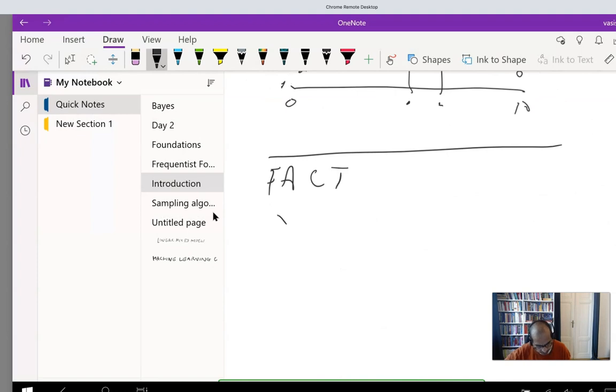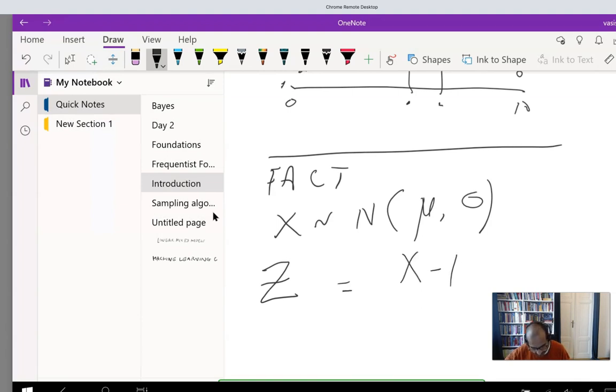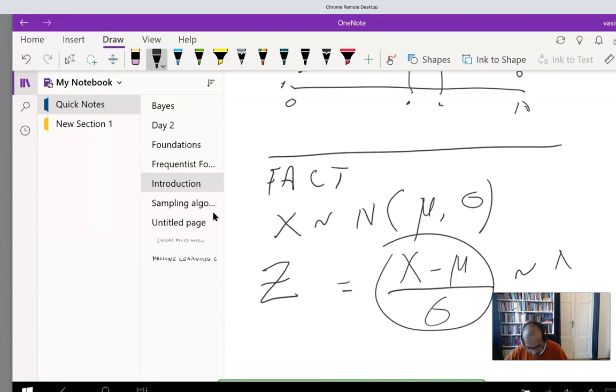The fact is that if you have a normal random variable X with some mean mu and some standard deviation sigma, you can transform this random variable to a new one, which I'll call Z, by taking X minus mu and dividing by sigma, and this random variable now will be a standard normal random variable.